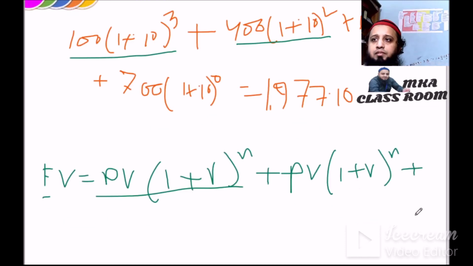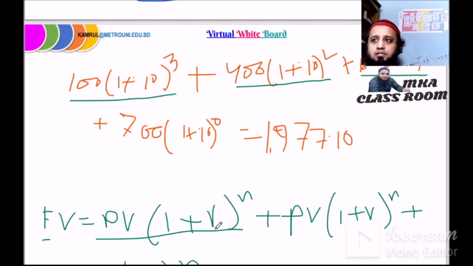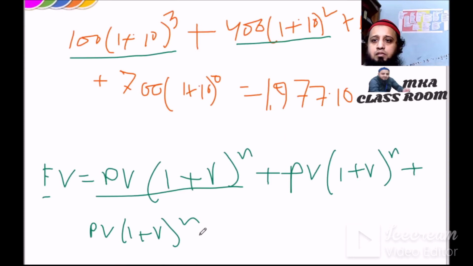Again we will see PV into 1 plus R power n here, plus PV into 1 plus R power n for the 700.